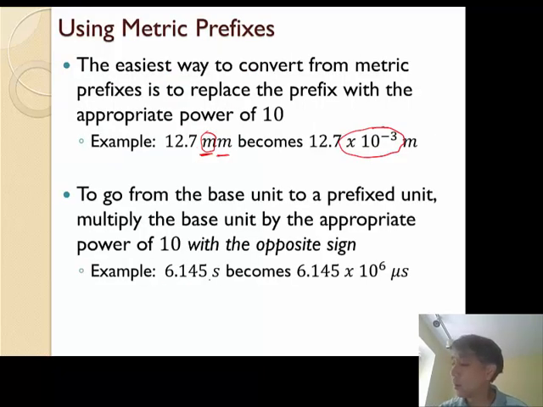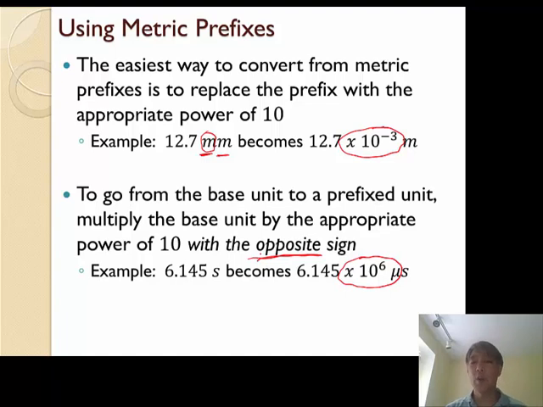So if I want to convert it to micro, I have to put times 10 to the minus 6, but change the sign. Instead of minus, it's going to be plus 6. So 6.145 seconds becomes 6.145 times 10 to the 6 microseconds. There are a lot of microseconds in 1 second.